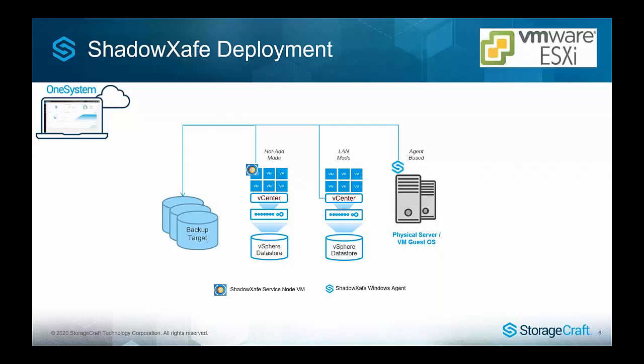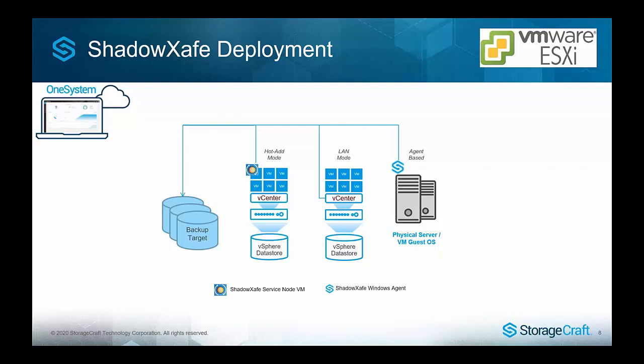And with VMware, again, same thing. You've got the OneSystem wherever you want to run that, and then you'll have a service node at the site to control and schedule the backups. With host-based backup in VMware, VMware have transport methods. There's different types of host-based backups you can do. If the service node VM can see the storage, then we can do what's called hot add transport mode. It supports more full backups at once. It's much faster.